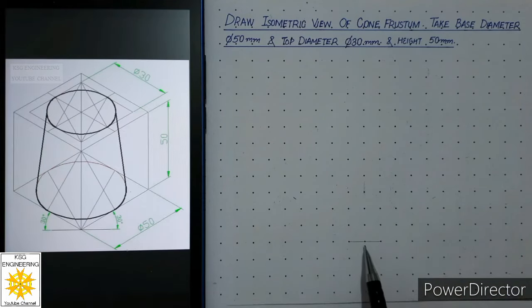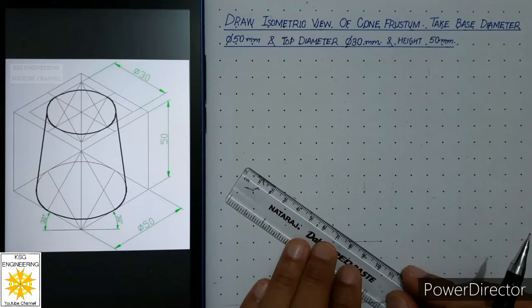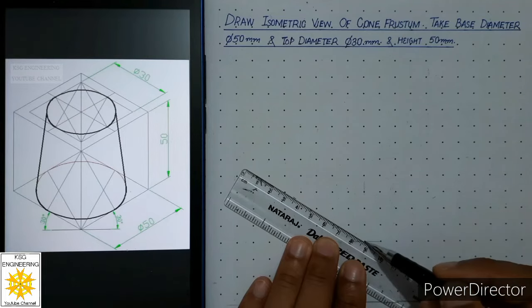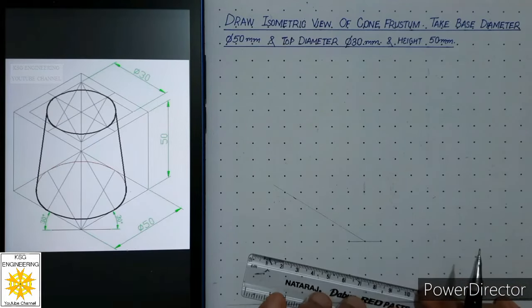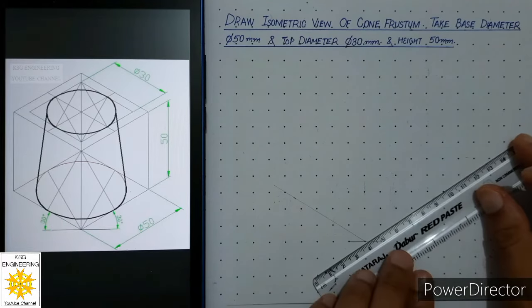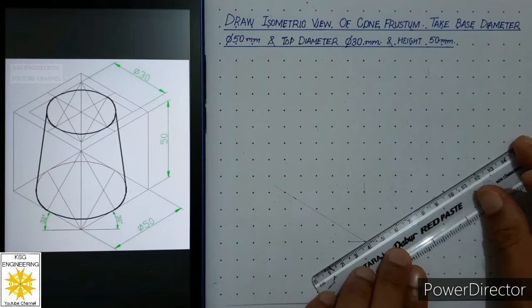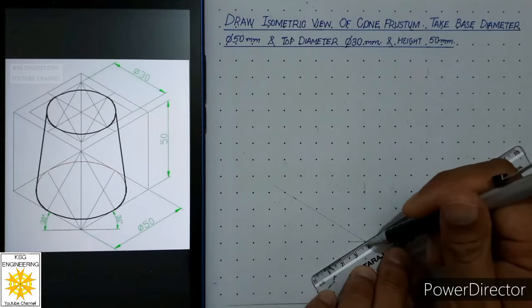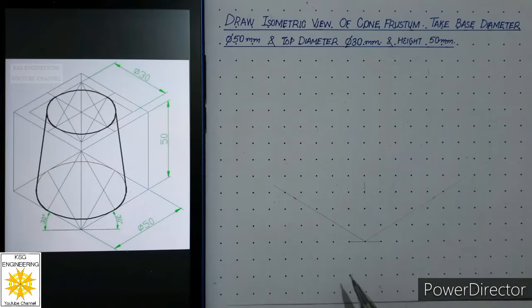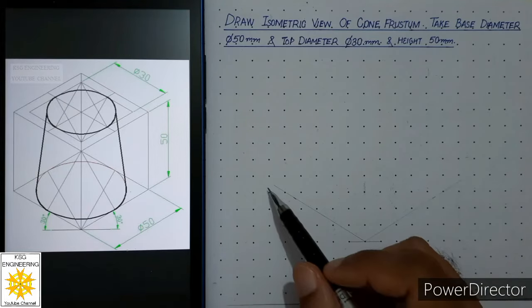After that, we will connect these 2 points with the help of a scale, and we will draw the first isometric axis and we will draw it continuous thin. Then we will connect these 2 points to get the second isometric axis, and we will draw this also continuous thin. So we will draw any length at the start.